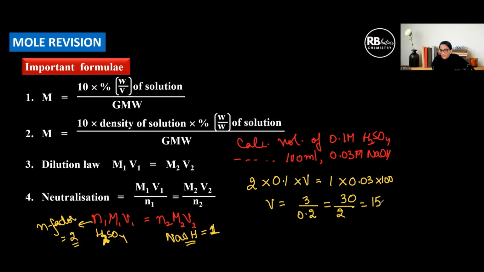That is 15 ml. Right? If you're using this formula, this N stands for N factor. If you're using this formula, this stands for the stoichiometric coefficient in the balanced equation. I hope this is clear.